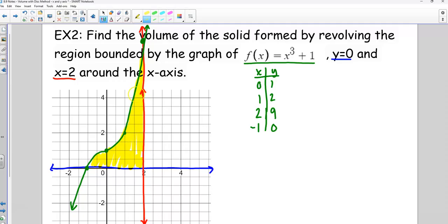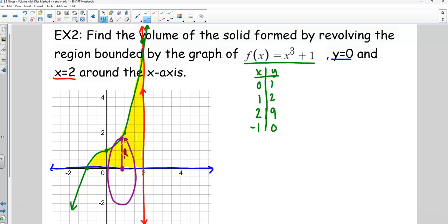And we are going to rotate this around the x-axis. When you're rotating around the x-axis, you are taking a vertical strip right here, and you're rotating that around the axis.